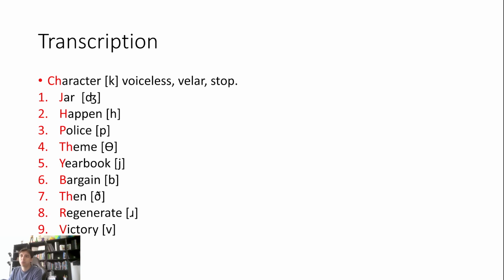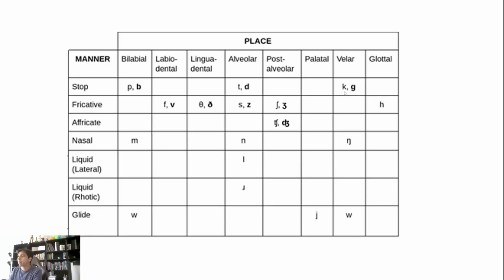Let's go back to the table for a second and remember K, and yes, it's voiceless, it's velar, and stop. So first I'm going to say if it's voiceless or voiced. In this case, it's voiceless. Then the place of articulation is velar, and finally, the manner of articulation in this case is a stop.